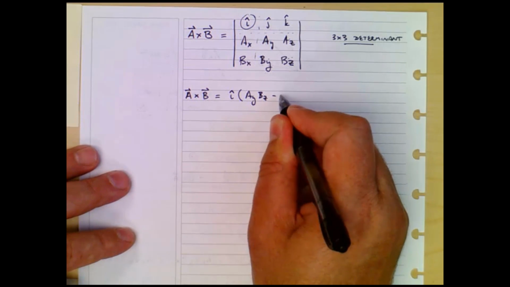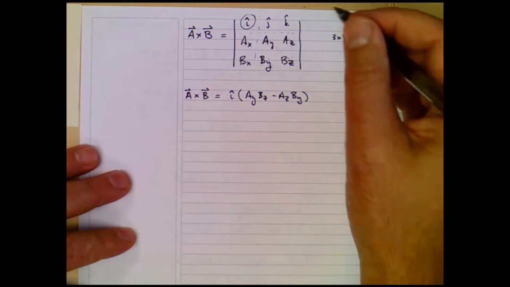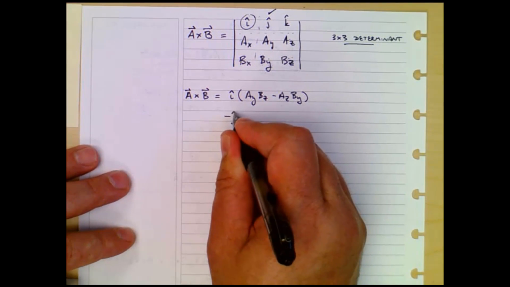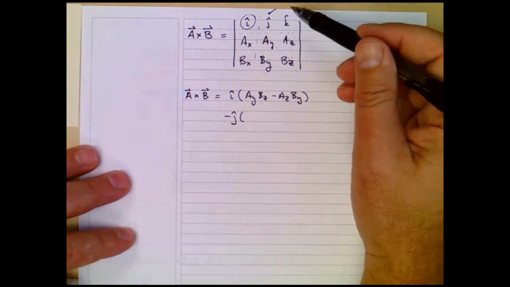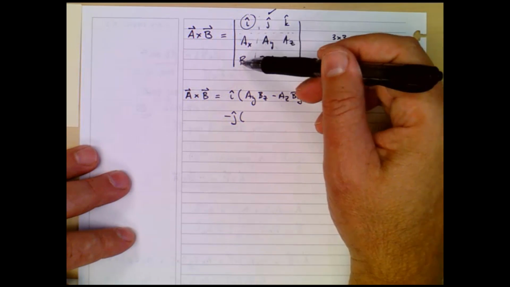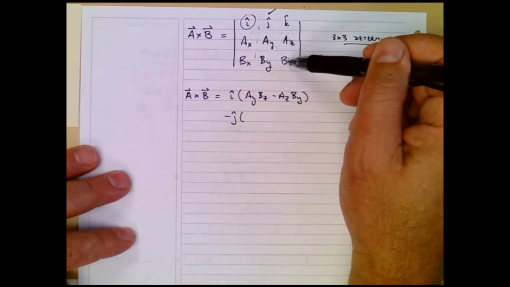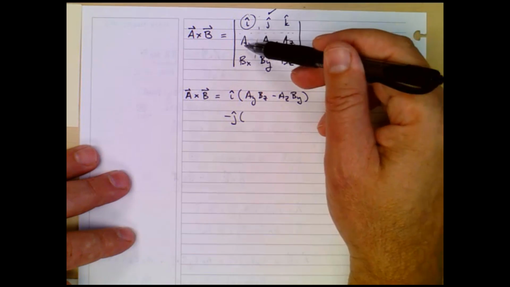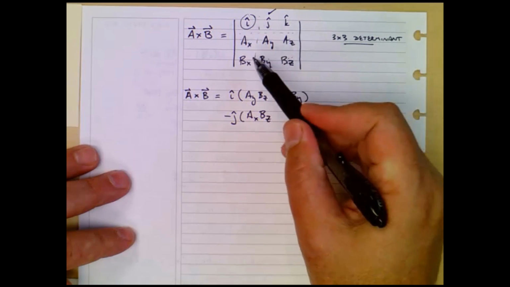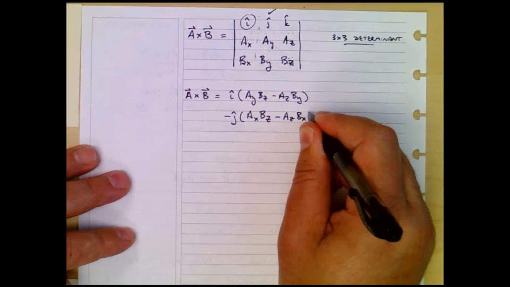AYBZ minus AZBY. The second term in the determinant takes minus this, so minus j hat, and then I do the determinant formed by the other columns. So these two and these two. So minus j hat times the determinant of this submatrix: AXBZ minus BXAZ, or minus AZBX.